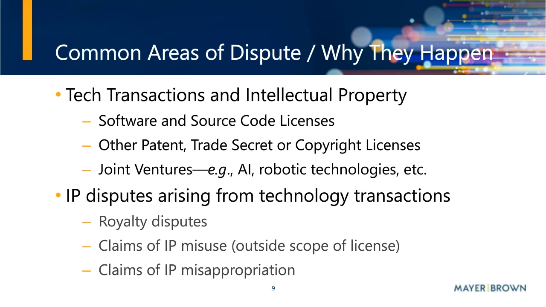And then the final category involves claims of IP misappropriation or IP ownership. In other words, the IP owning party will assert that the other party used its proprietary intellectual property in order to develop a new source code, new software, a new form of intellectual property, and therefore the original IP owner has a claim to it.